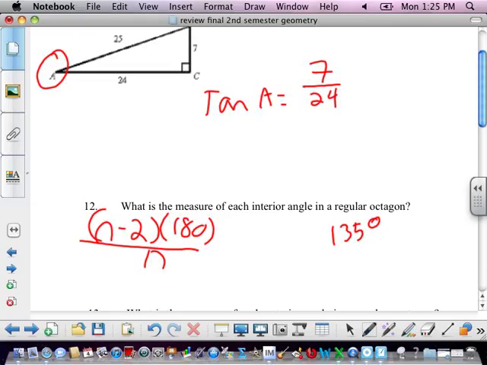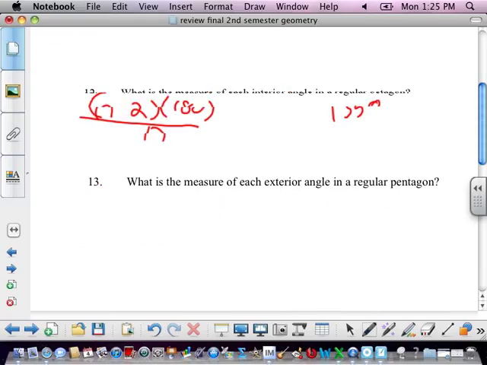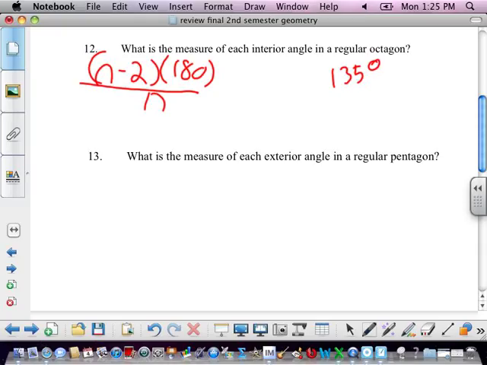Okay, exterior is a little bit different. We've got a pentagon, so let's draw a picture. Okay, so here's a pentagon. We want to know the exterior angle, this out here. But I want to draw a picture so we know what we're talking about.